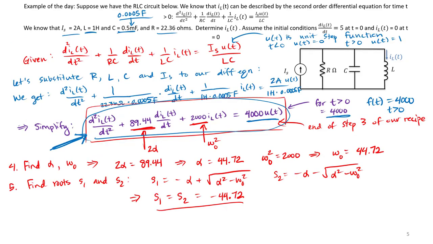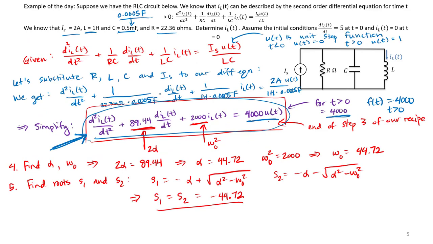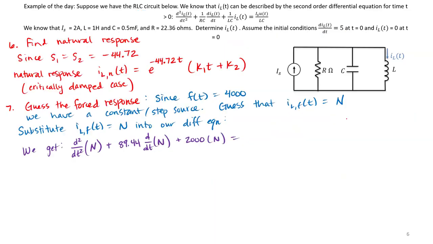And then we have 2,000, so 2,000 times n. And then on the right-hand side, all of that must equal 4,000 because we're looking at time t greater than 0.